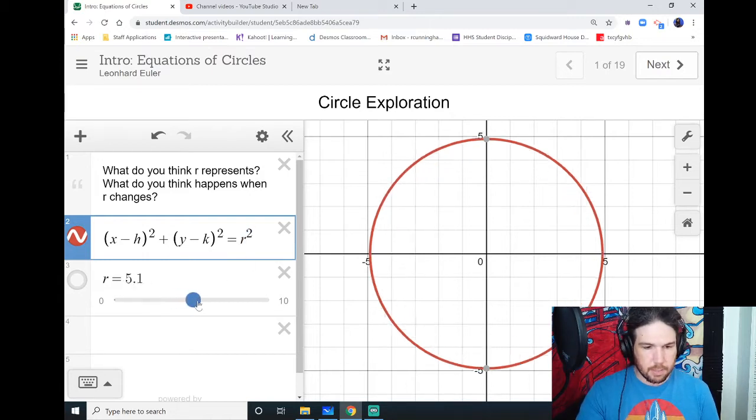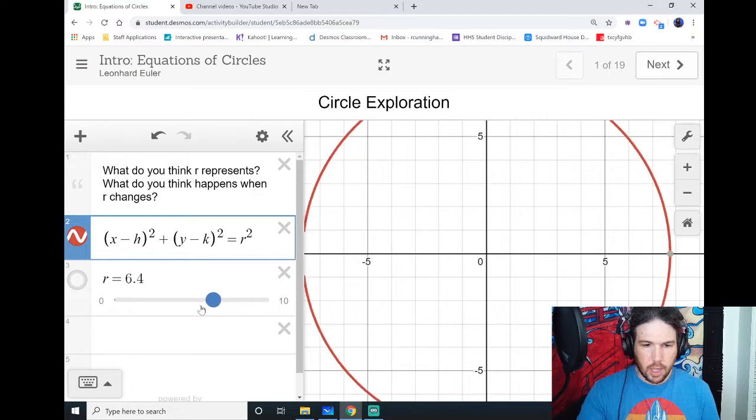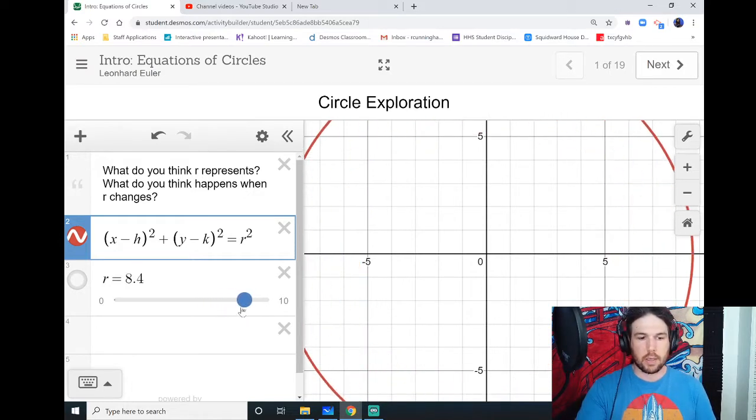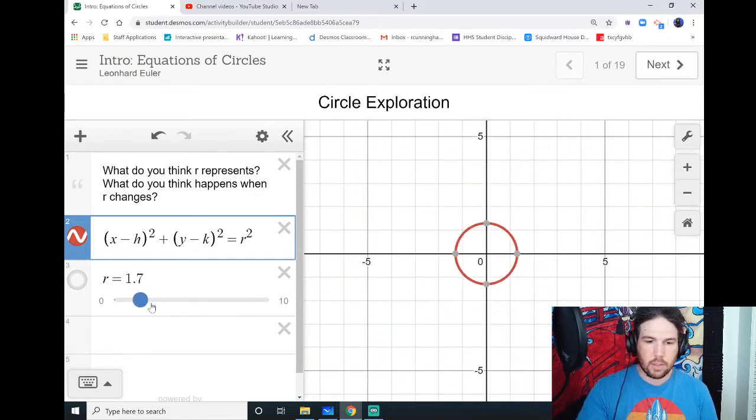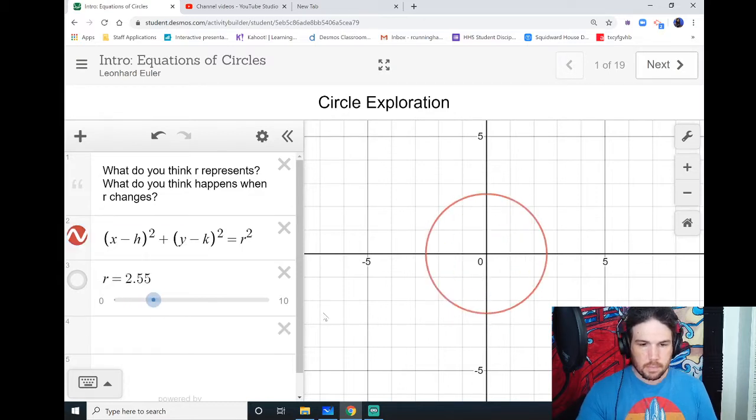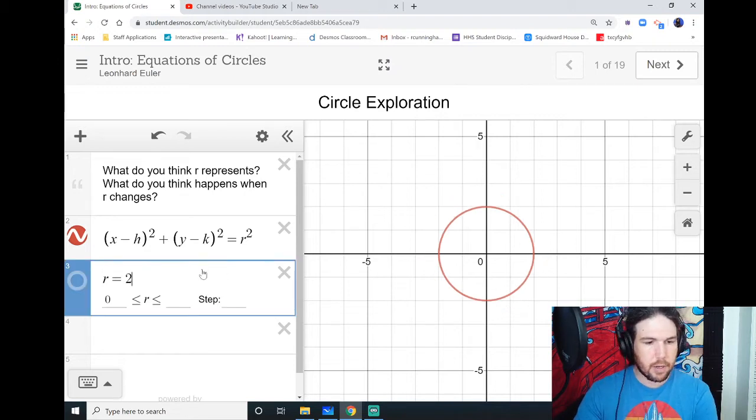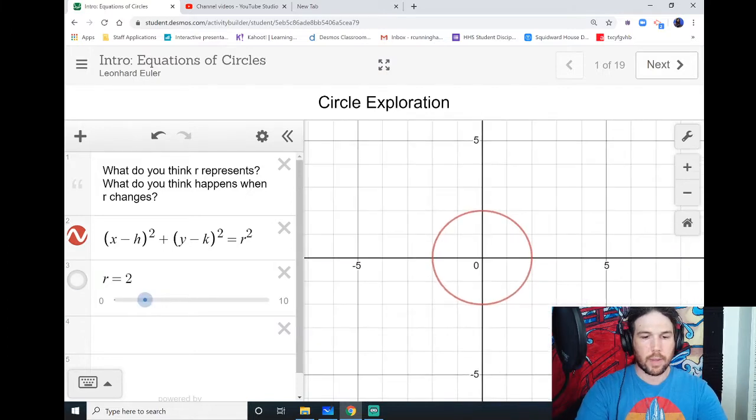Okay, well, that's pretty simple. When I move r up, it makes the circle bigger. When I move r down, it makes the circle smaller. Can we be more precise than that? Let's see. If I put in r equals 2, what is the radius of my circle?